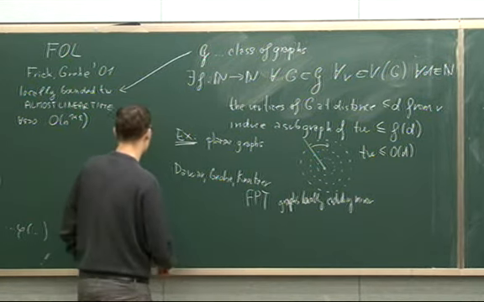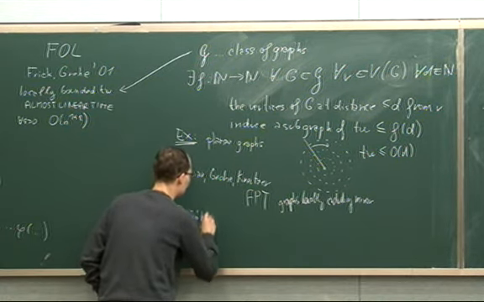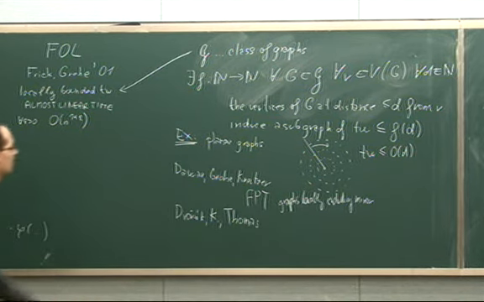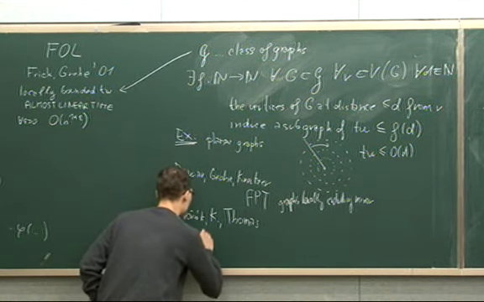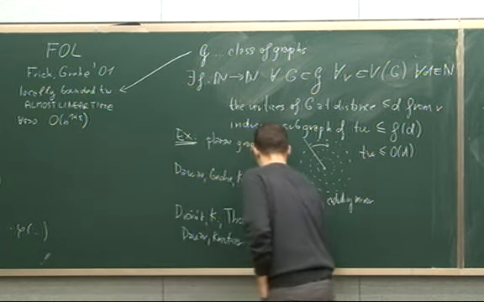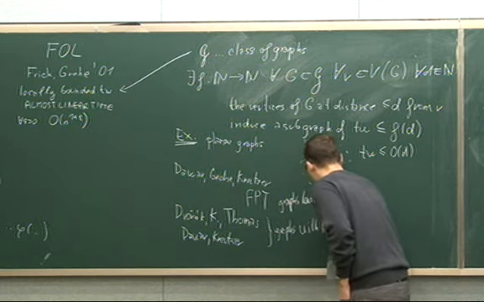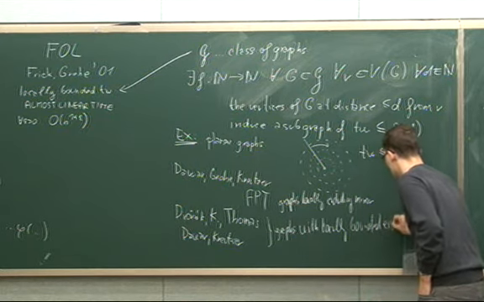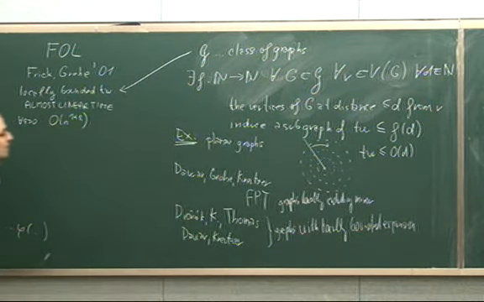And the most general result, or another generalization, is due to Zdeněk, myself, and Robin Thomas. Another proof was obtained by Dawar and Kreutzer, and this is for graphs with locally bounded expansion, classes of graphs with bounded expansion.